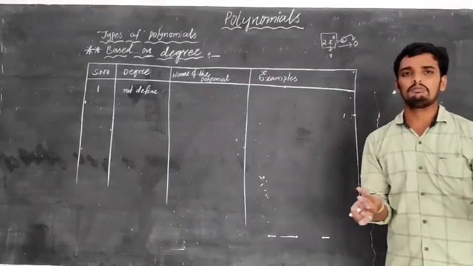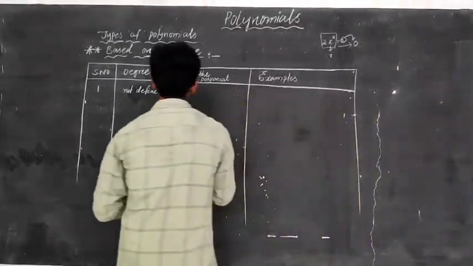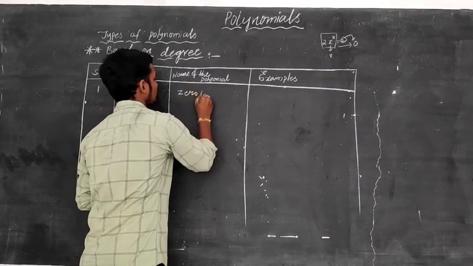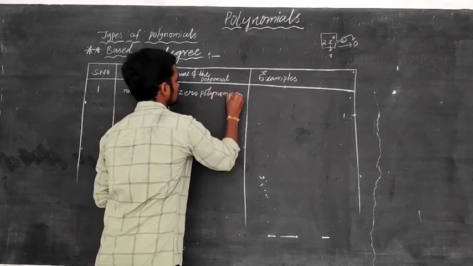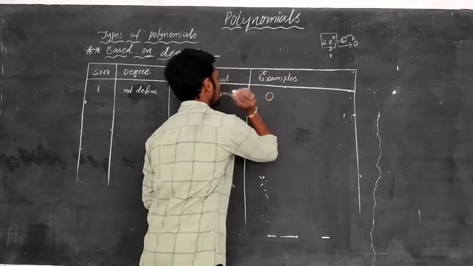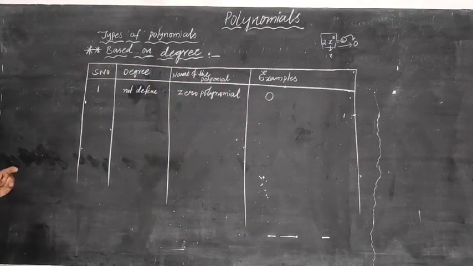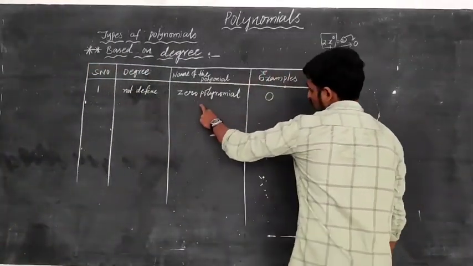Such polynomials are called zero polynomials. The only example is 0. If the degree of a polynomial is not defined, then the polynomial is called the zero polynomial.